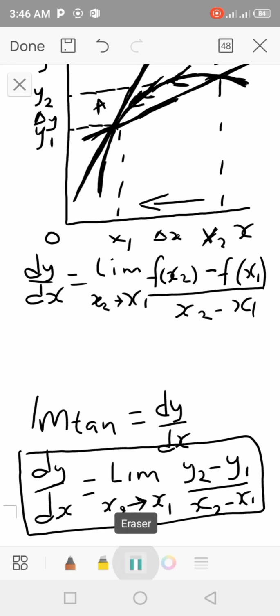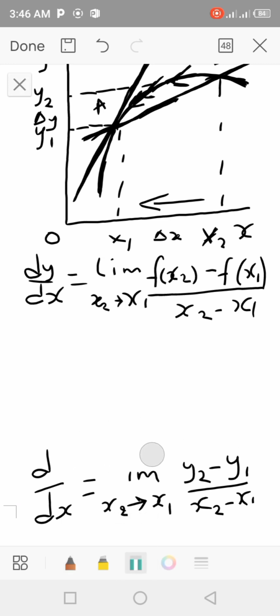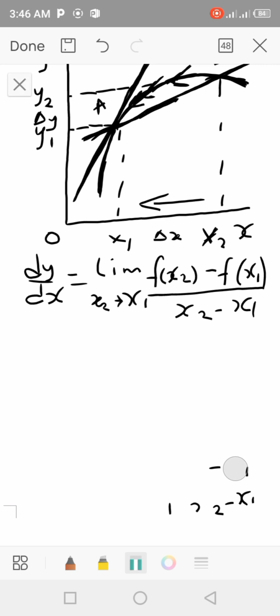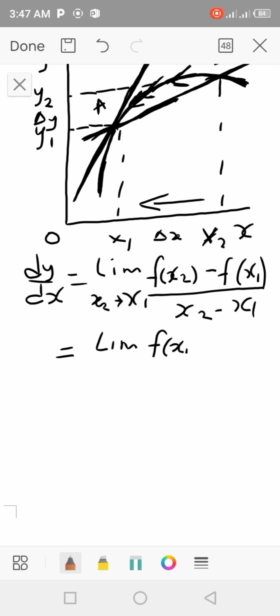So simple. Now we can still express this in a more standard form, which is going to be the limit of the function of, now the difference between x1 and x2 is change in x. So our x2 is just x1 plus change in x, because that is what moves it to become x2.